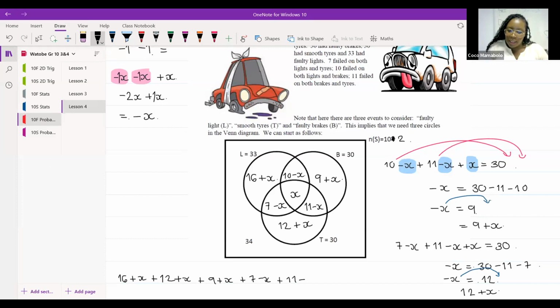Plus 10 minus x. Plus 34. We forgot one more. Plus x. Correct. Plus x. And all of this must equal how much? 102. Oh, look at that.